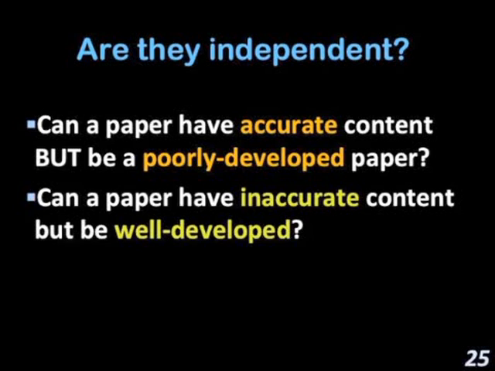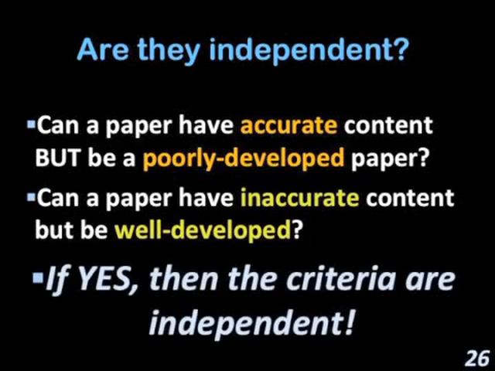It would seem so. And so, since we get yeses from both questions, we say the criteria are independent, one from the other. And that's what we want, to make sure that we're not unwittingly scoring the same thing in different words or having confusing overlap in the criteria.